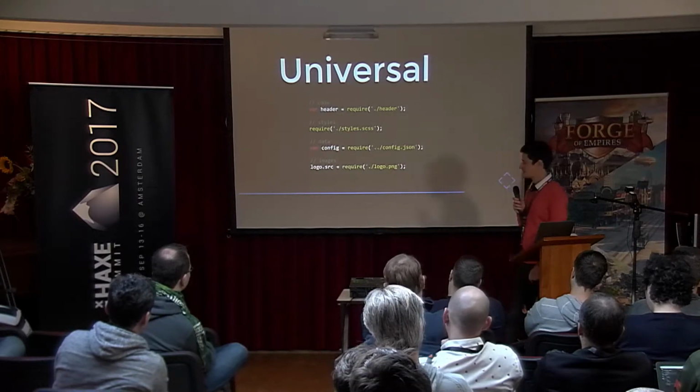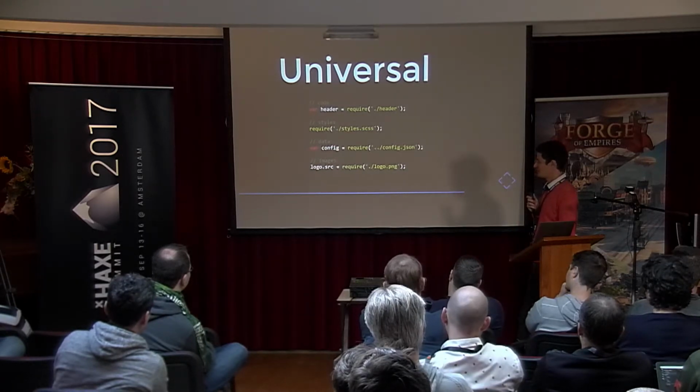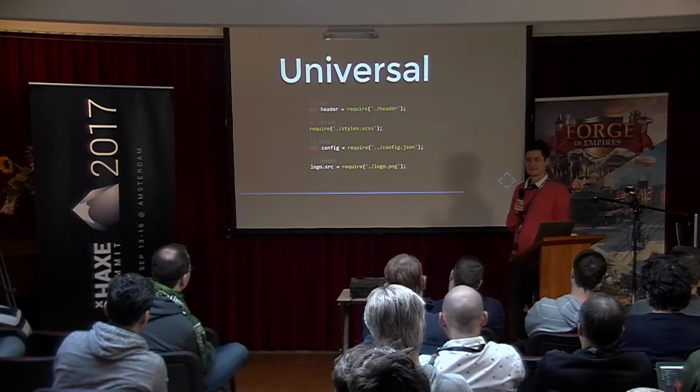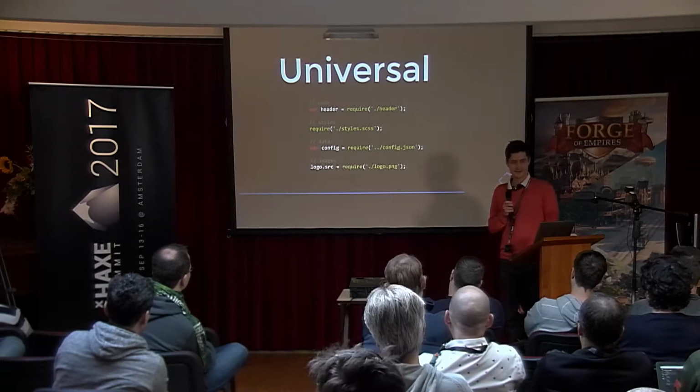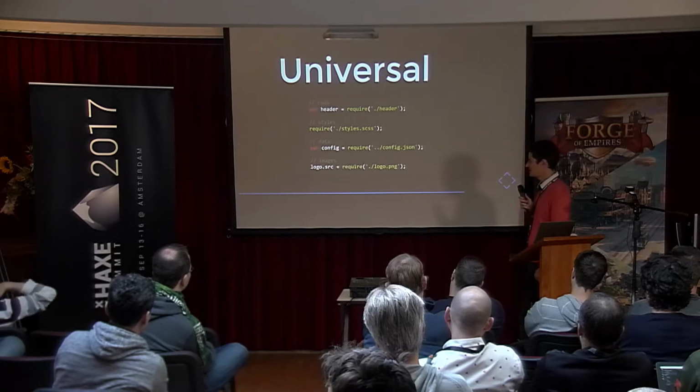For the images, that's the fun thing. You require logo and you get the URL. That's so clever. You require an image, it returns you the final URL of the asset, and it will take care of bringing the image with whatever name is relevant. Or if you use some optimizer, you can even receive a base64 image instead of a file that will be downloaded.